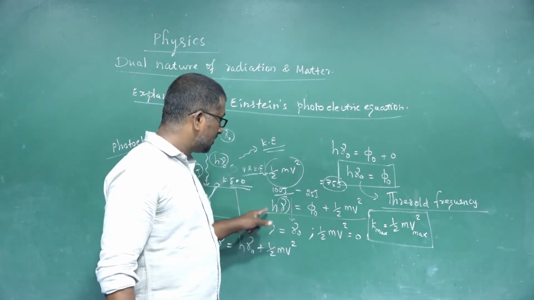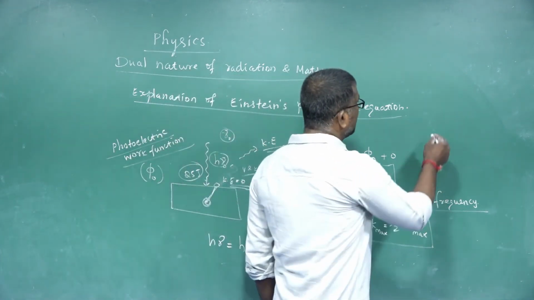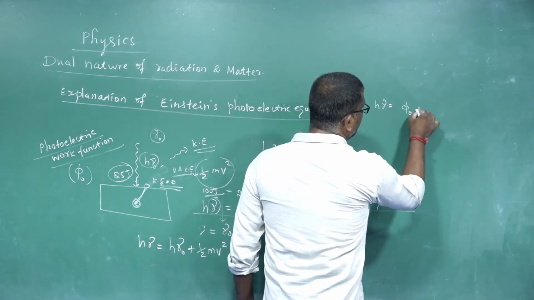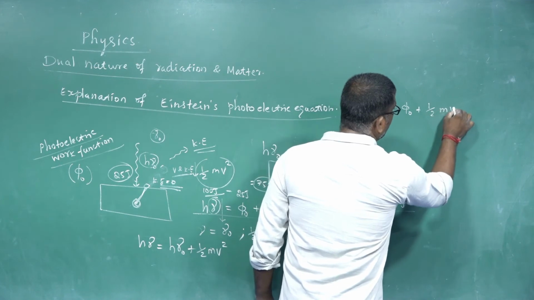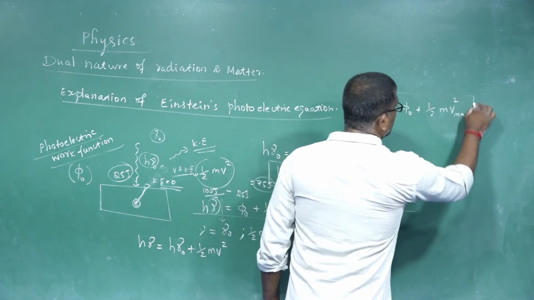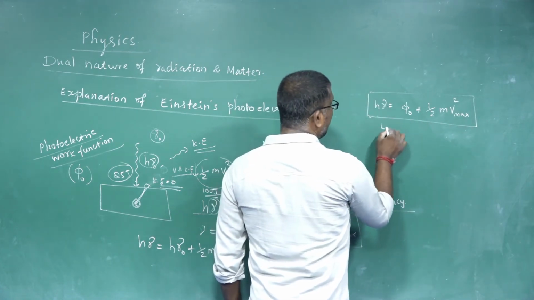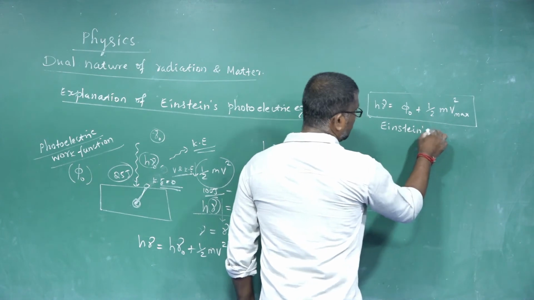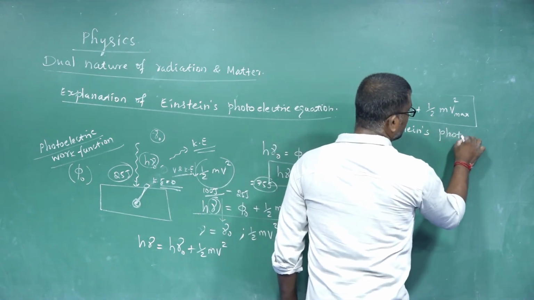Then this equation can also be written as h nu is equal to phi naught plus half m v square maximum. This is Einstein's photoelectric equation.